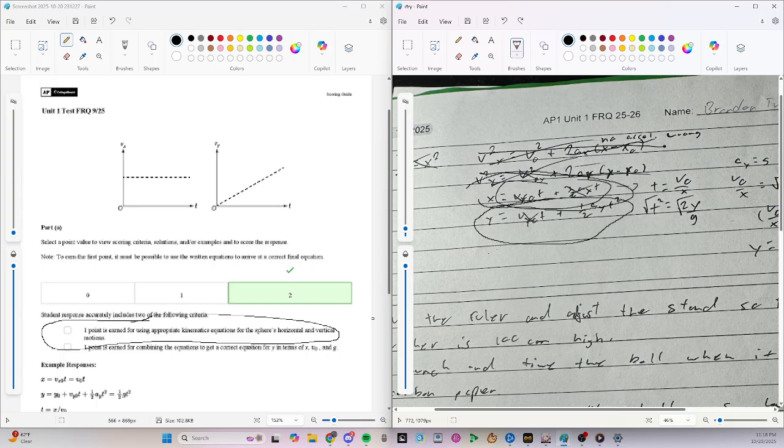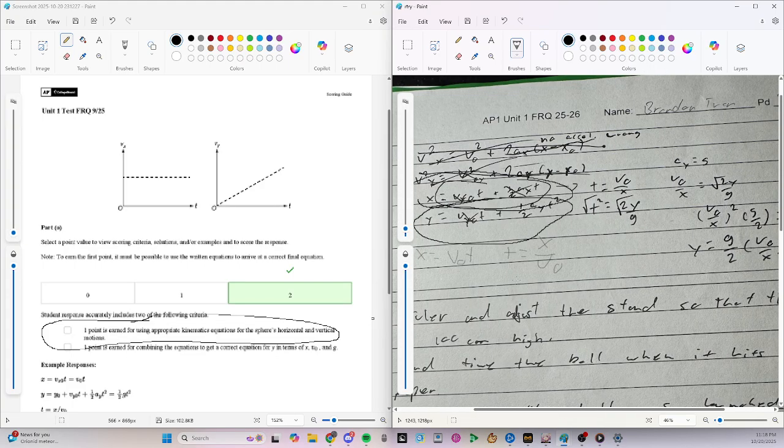So it should be x equal to v0t, and I believe there was no vertical acceleration, so this canceled out, and then that means t should equal x over v0.